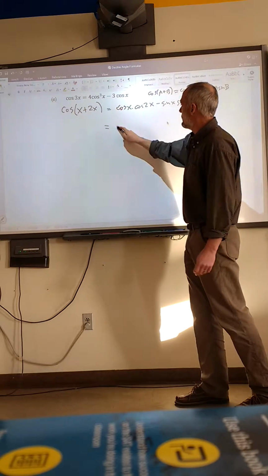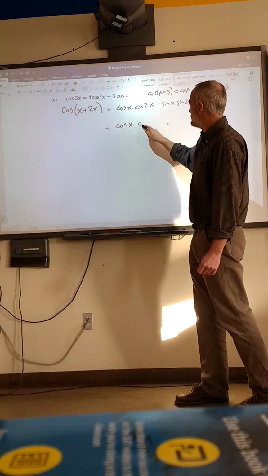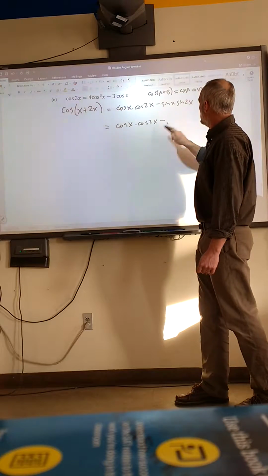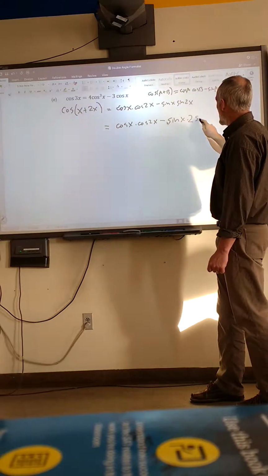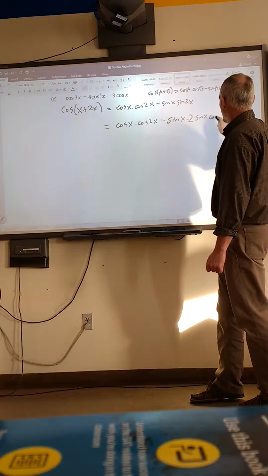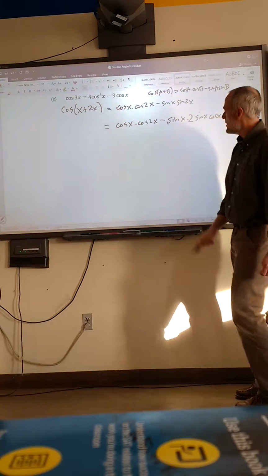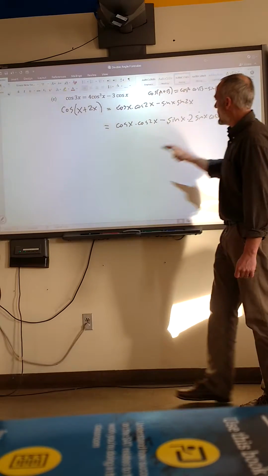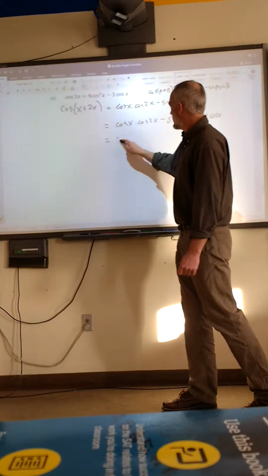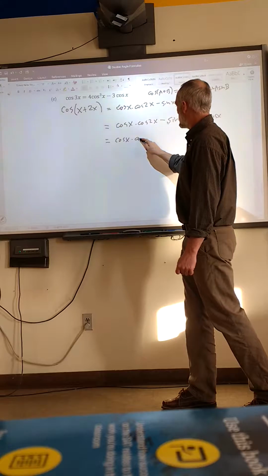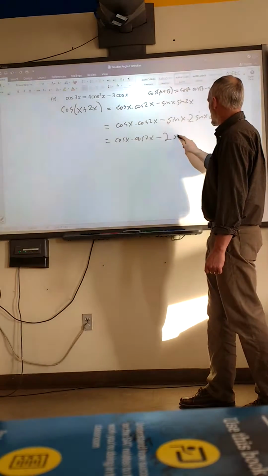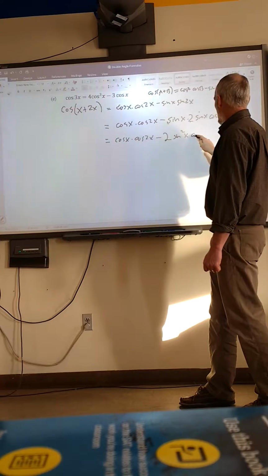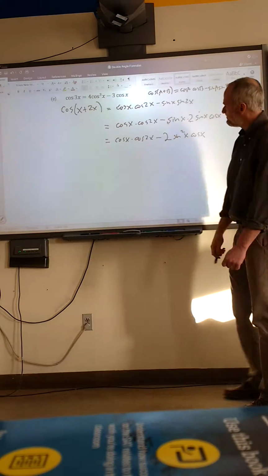I'm going to leave this alone for right now. You'll see why in a second. The double angle formula for sine is 2 sine x times cosine x. So now I have a sine squared there. So I have cosine x times cosine 2x minus 2 sine squared x cosine x.